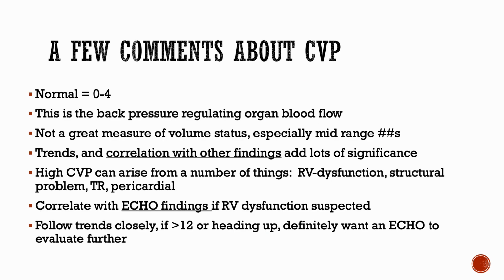Okay, a few comments about CVP. This has come up in the arterial pressure regulation talk as well. Normally we're used to looking at double digits in our patients, but normal is like 0 to 4.